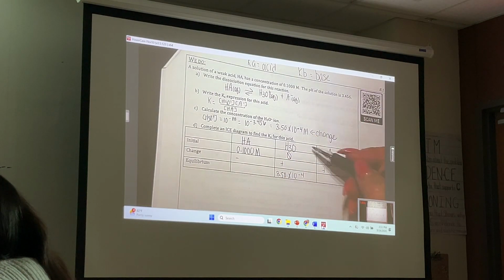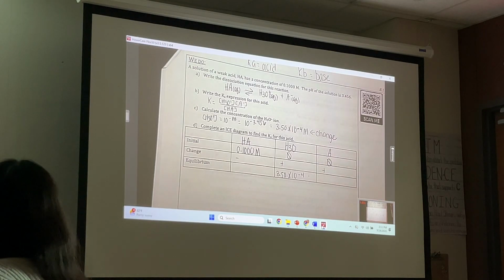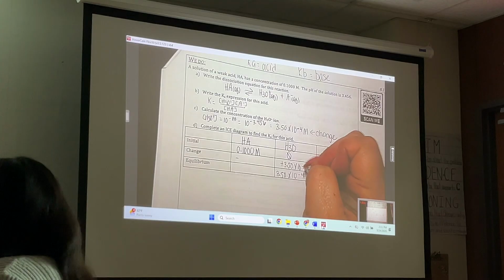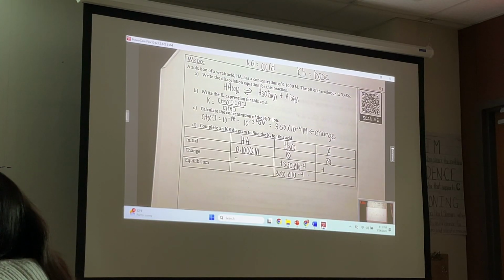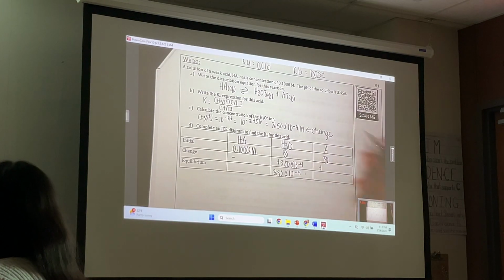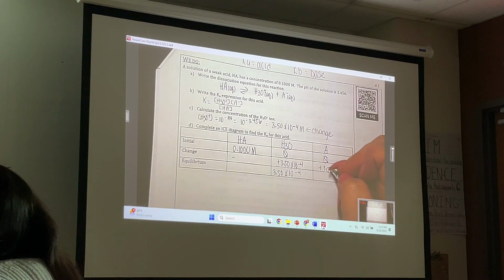If I know at the end for H3O I have this amount and I started with 0, my change is 3.50 times 10 to negative 4. It'll be the same thing over here. My ratio of A- is the same as my ratio of my hydronium, so it'll also be 3.50 times 10 to negative 4.